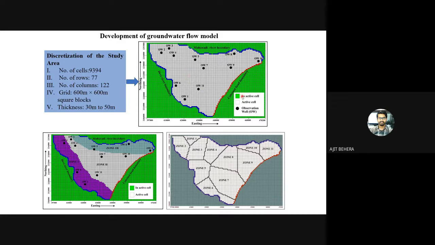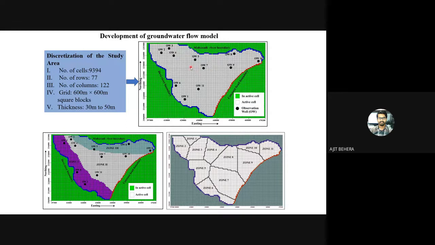Inactive cells means these are the inactive cells. That means we have kept this area of the model domain as a no flow condition. In the active cells, we have kept the flow condition.